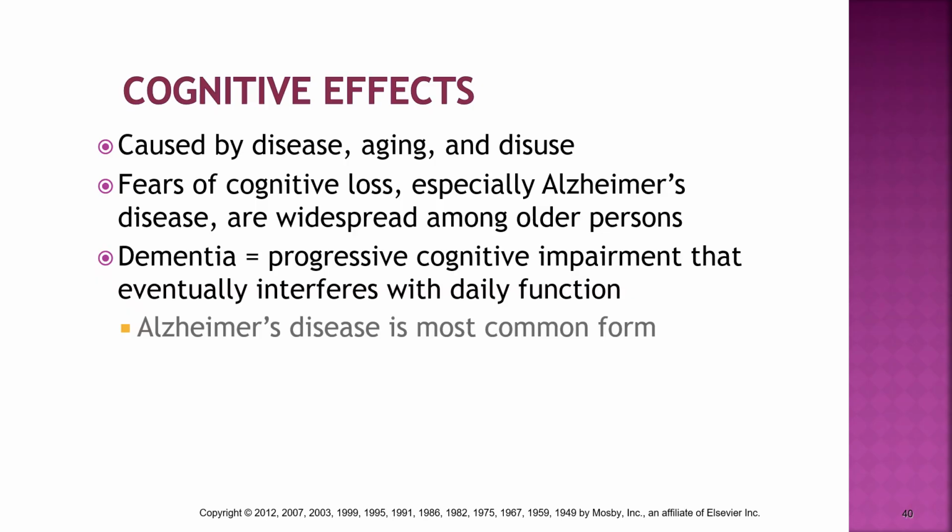Disease, aging, and disuse. Yes, do not disuse your brain. Use it appropriately. By that I mean play video games. Fears of cognitive loss, especially Alzheimer's disease, are widespread among older persons. It's going to be so amazing to see rates of Parkinson's and dementia and Alzheimer's and those types of things just plummet when Generation X gets there.